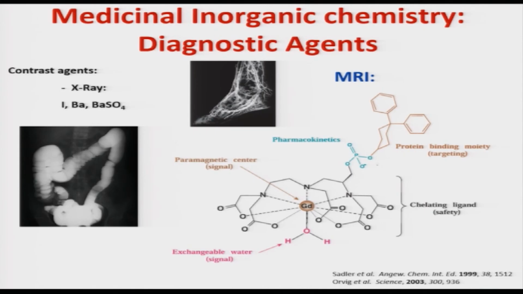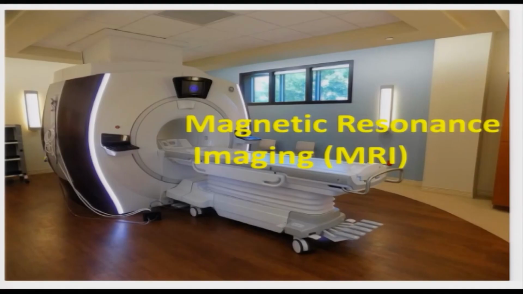And this is the protein binding moiety which is responsible for the targeting, and this is a typical MRI contrast agent which is used as a diagnostic agent. I will now be talking a little bit about magnetic resonance imaging.